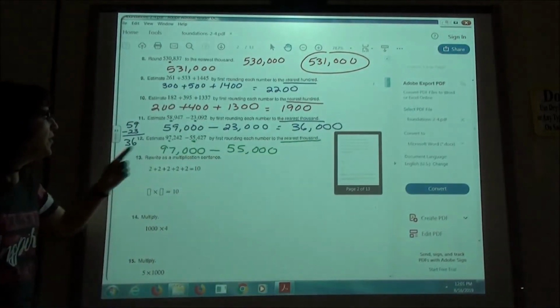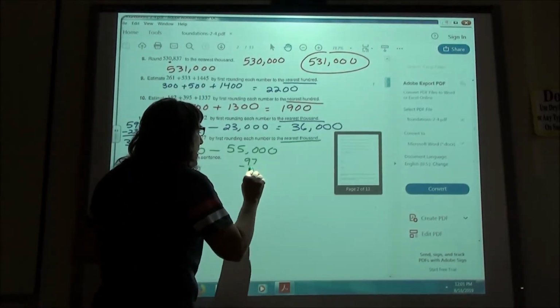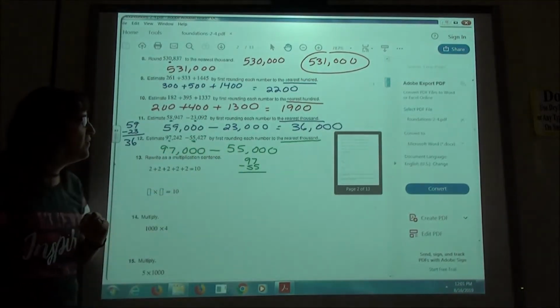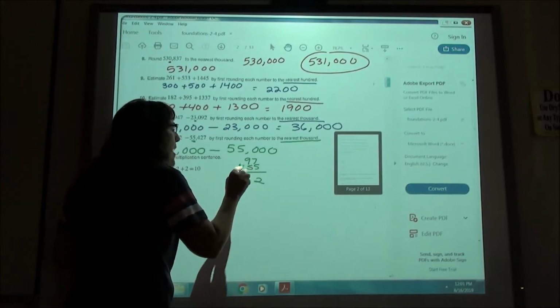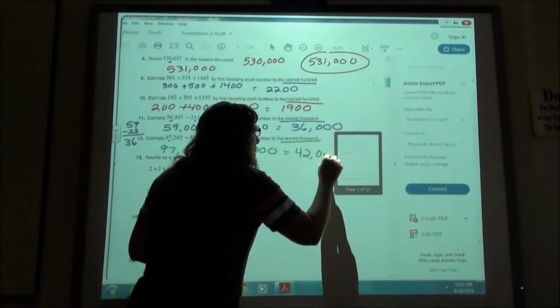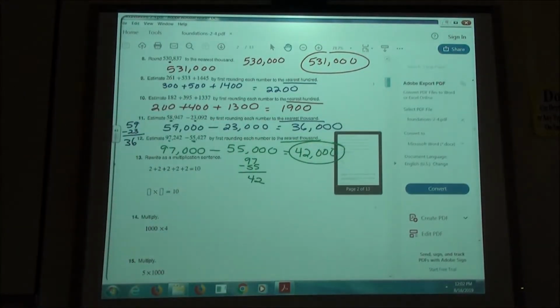So now what we're thinking is we have to take the 97 minus the 55. If I subtract that, 7 minus 5 is 2, 9 minus 5 is 4, so I'm going to have 42,000 for my answer when I estimate it by rounding to the nearest 1,000.